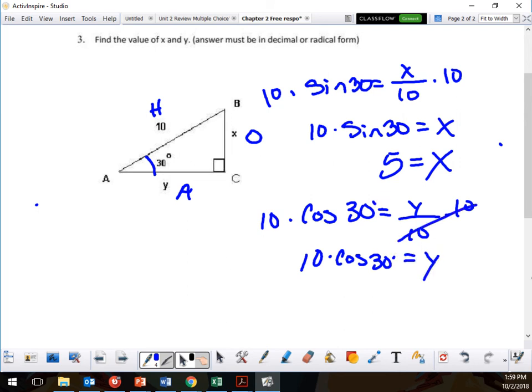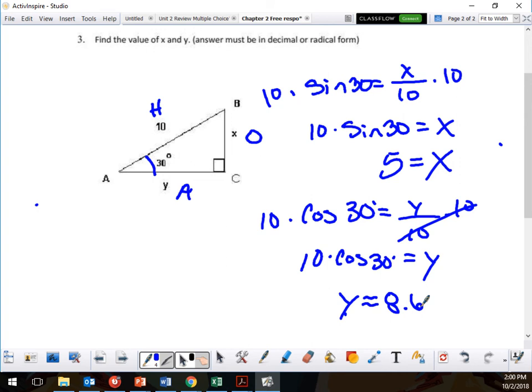And so y, what is it? 8.6. Or if you did Pythagorean theorem, you also get the same thing. Okay, so like I said, that's 3 points.